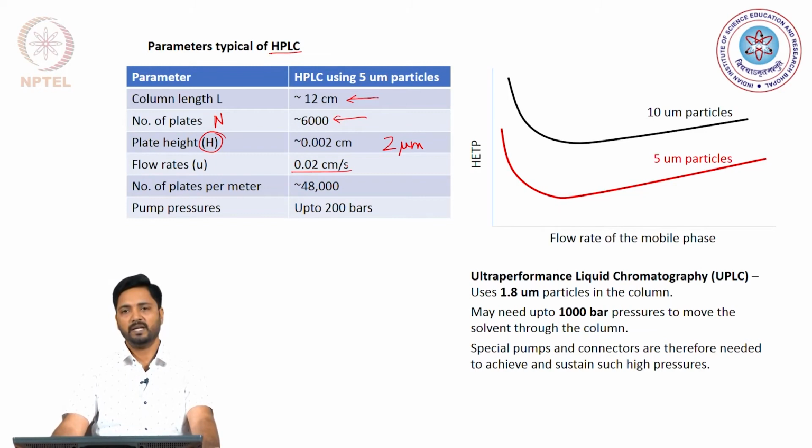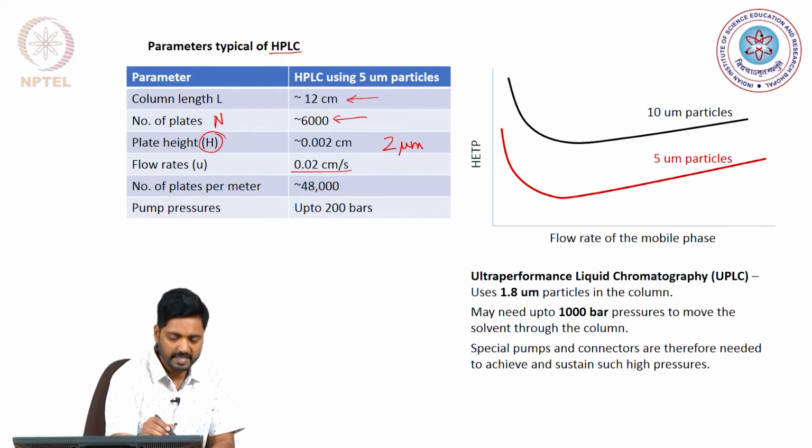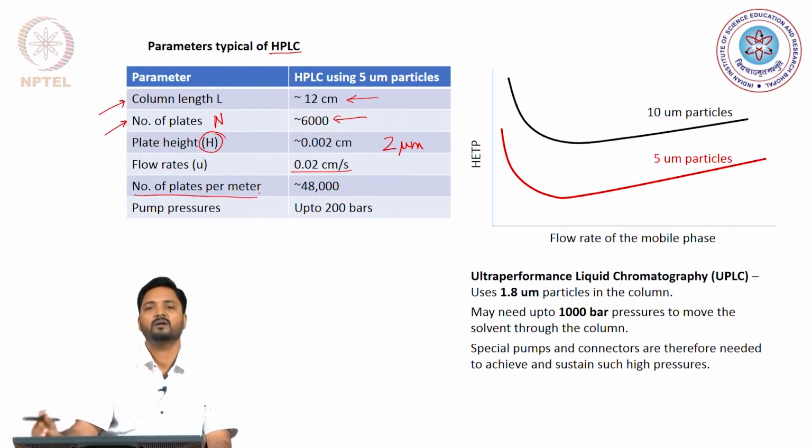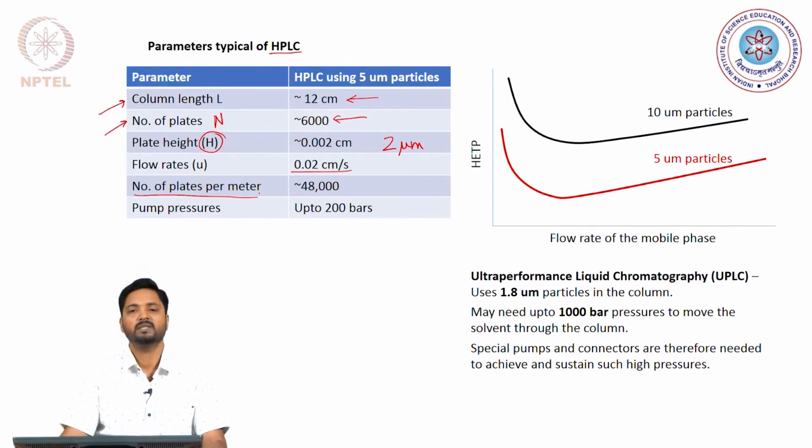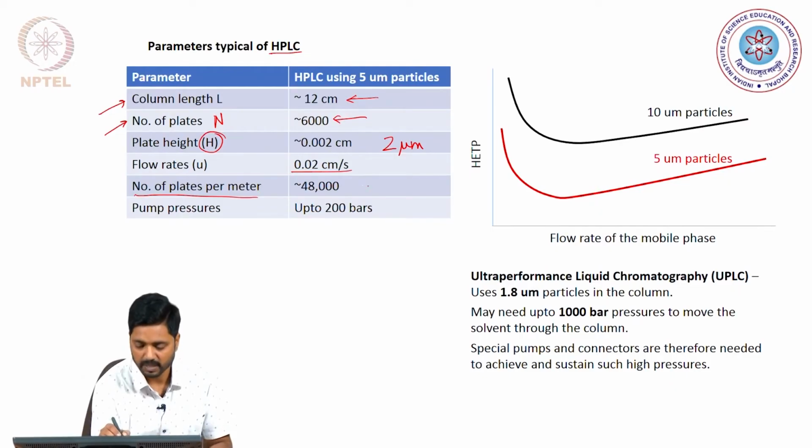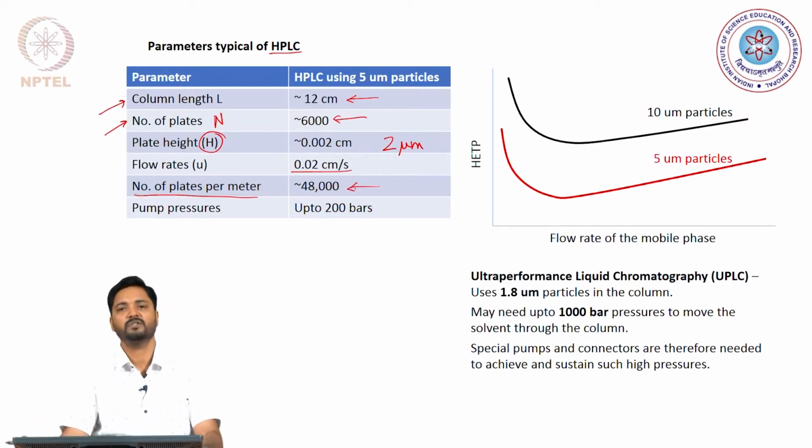Now, an important parameter that can be derived from the number of plates and the length of the column is the number of plates per meter of the column, and this number is very high for high performance liquid chromatography systems.